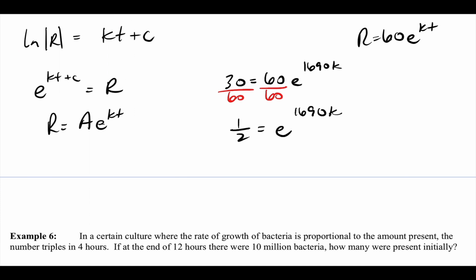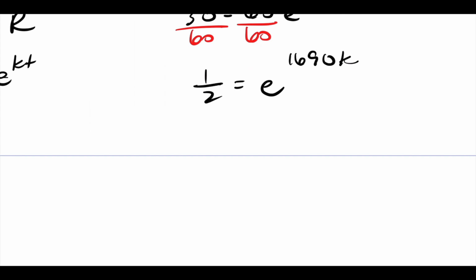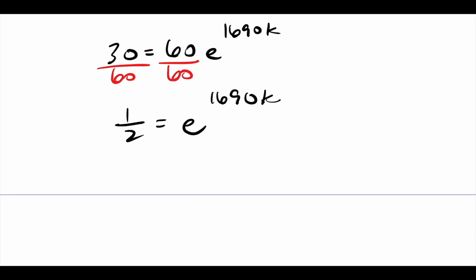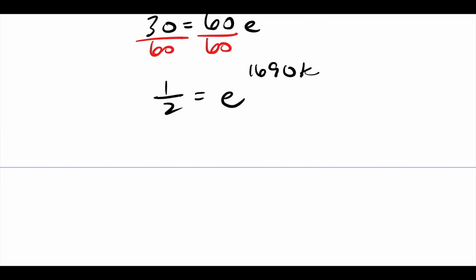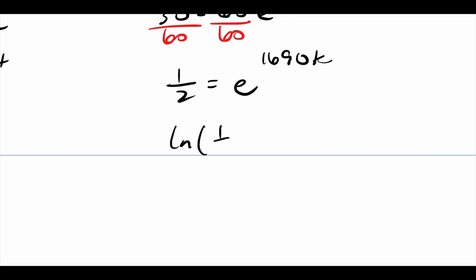The log is going to have a base of E, so it's going to be the natural log of 1/2 equals 1,690K. So the natural log of 1/2 equals 1,690K.